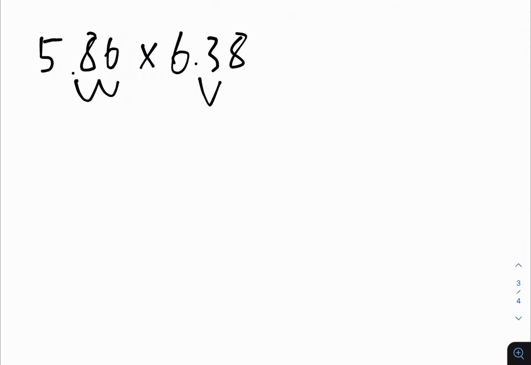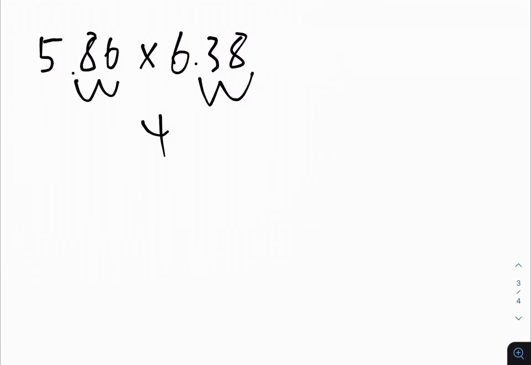So when we do multiple digit multiplication for decimals, you can always estimate as well. For example, if we do 5.86 times 6.38, it's gonna have a lot of decimal places because it's 1, 2, and 1, 2, so it's 4.